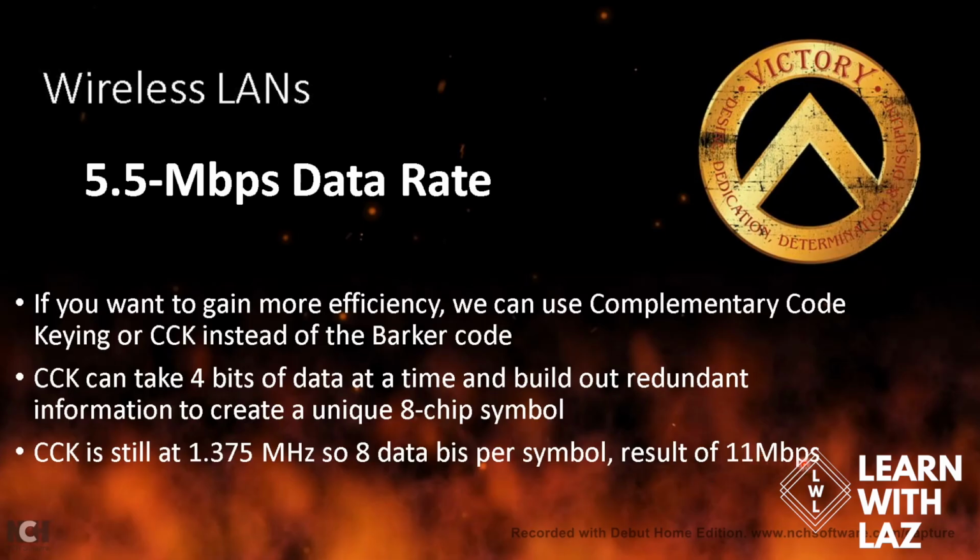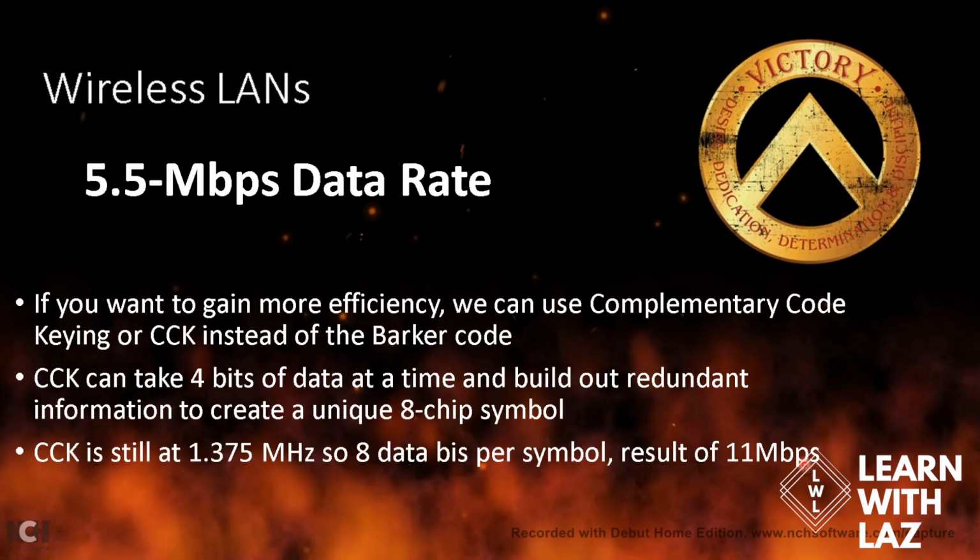Think about it. We can run 802.11a, an older standard, at 5 gigahertz, 54 megabits per second. That's versus 11. CCK creates a unique symbol, so the modulation separates it into 8 data bits per symbol.